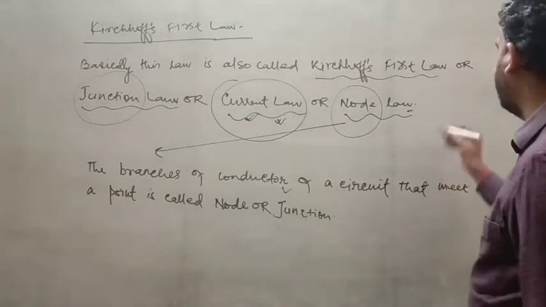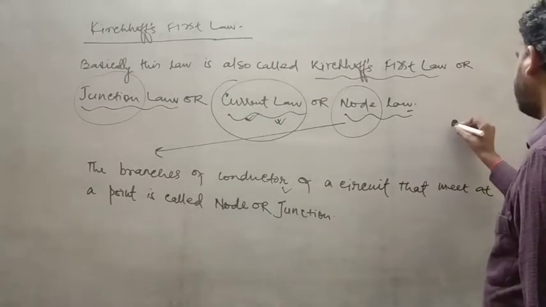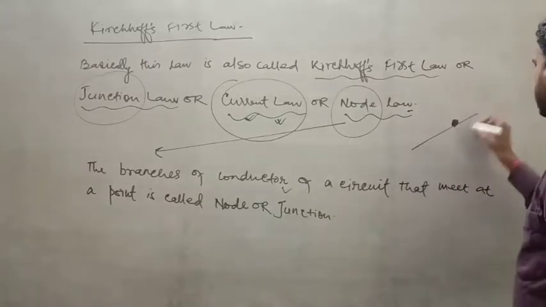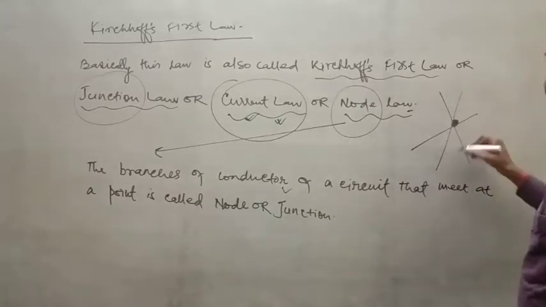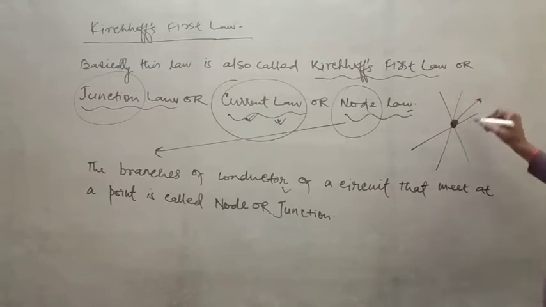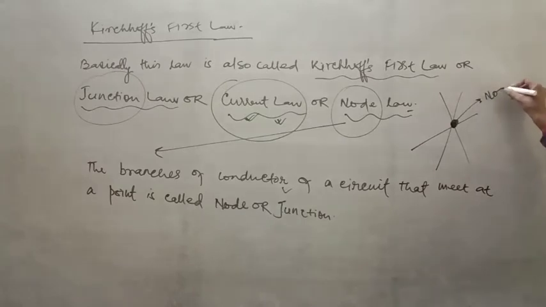So simply you have to take a point. This point is called a junction. Why is it called a junction? Because so many conductors are meeting at this point. That's why this point is called a node, whether it is called node or junction.